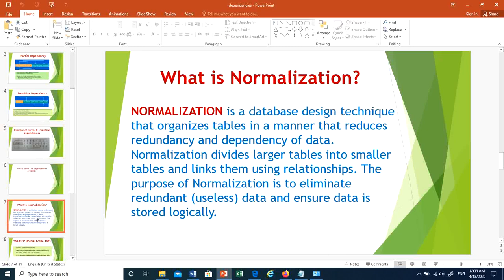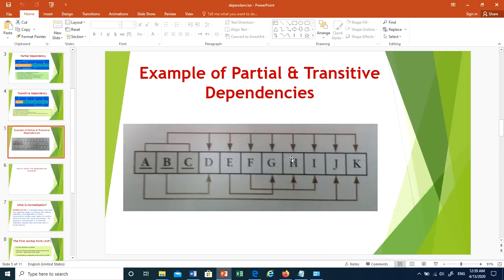Normalization can actually be done very easily and logically through 3 different steps. Any relation, when I look at it like this one, we call it the first normal form. This is the first normal form, which is usually not desirable. Even the second normal form is not desirable. We have to reach the third normal form.